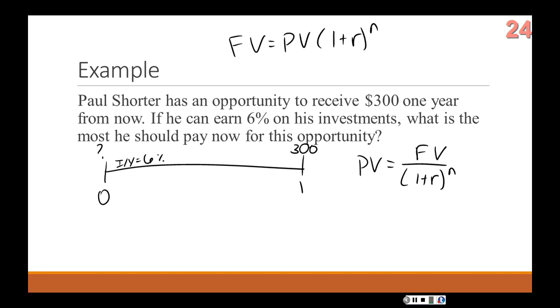So we know the future value is 300. And we divide that by 1 plus our stated interest rate of 6% raised to the first power. And that gives you $283.02. So to have $300 in 1 year, he would be willing to pay up to $283.02.